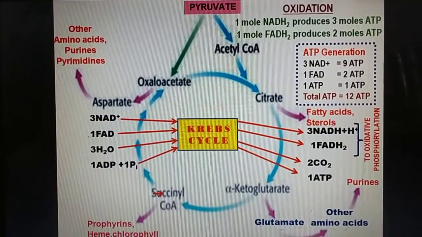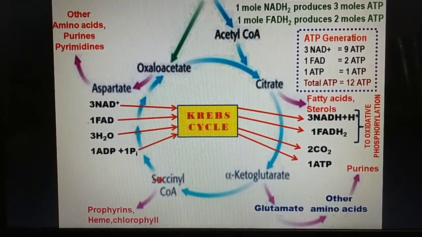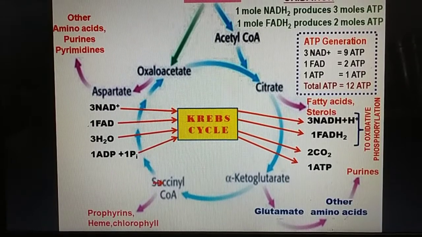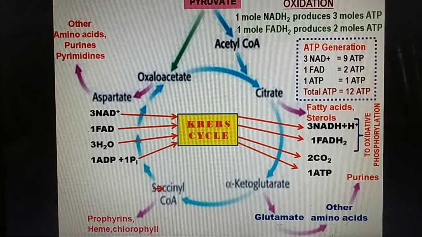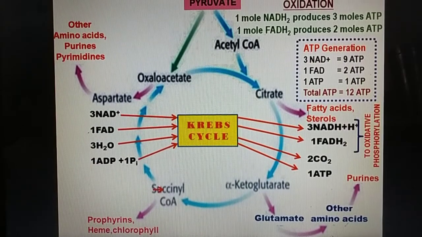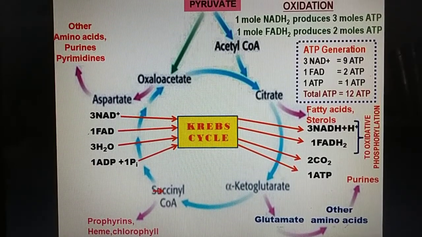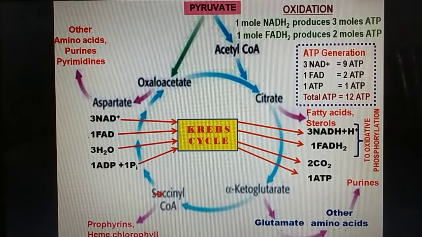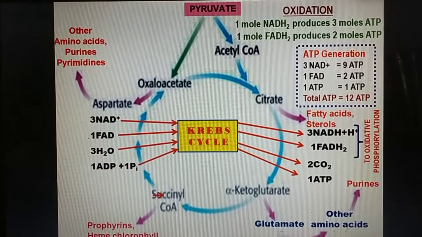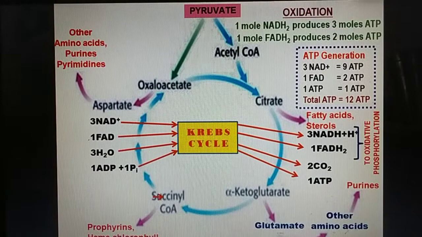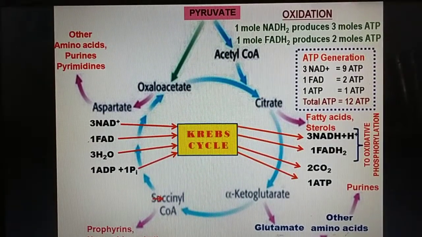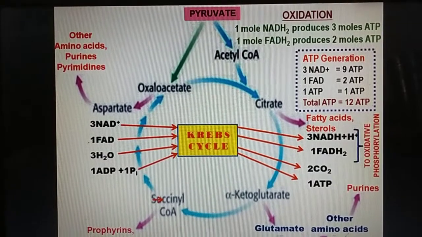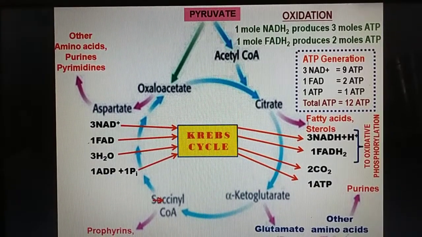In the Krebs cycle, many compounds are biosynthesized from the intermediates of the cycle. The amino acids, purines and pyrimidines are synthesized from aspartate. Porphyrins, heme, and chlorophyll molecules are synthesized from succinyl coenzyme A. Similarly, purine is synthesized from glutamate. Fatty acids and sterols are also synthesized from citric acid.